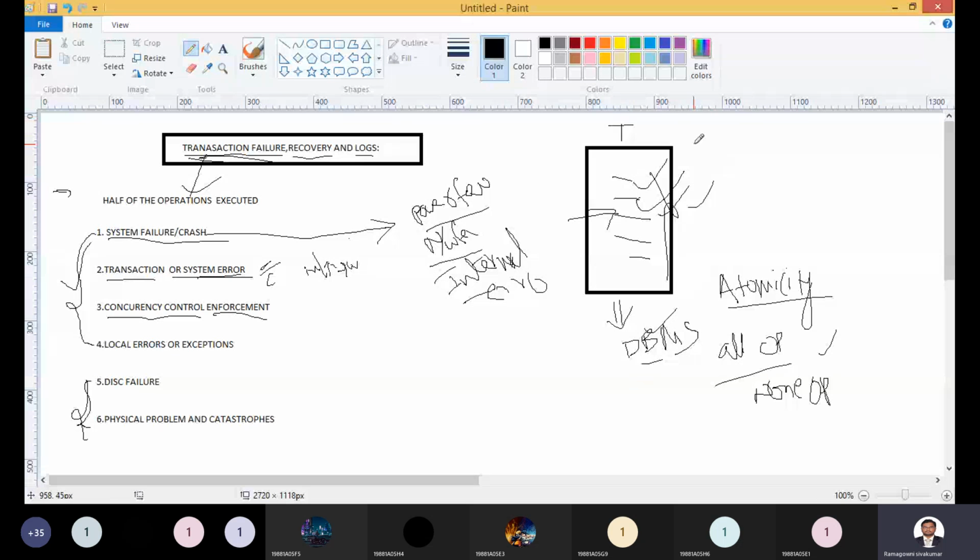Not only one transaction, but multiple transactions, T1, T2, T3, are performed concurrently. Then it may cause a deadlock problem. In that situation, we abort one transaction.